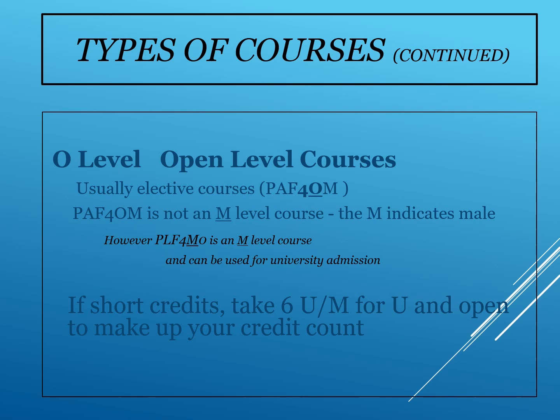If you're short in any credits, particularly if you're applying to university where you need 6 grade 12 U or M's, you may use an open level course to get to the 30 credits that you need and keep your workload at a reasonable level. Generally speaking, open level courses do not have the same academic intensity as those courses that are coded with a U or M in particular.